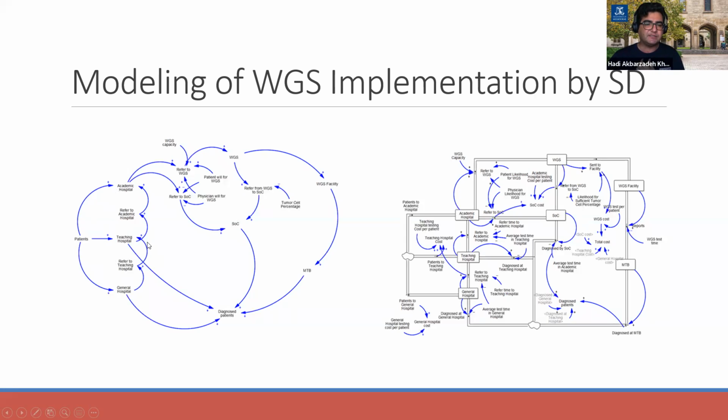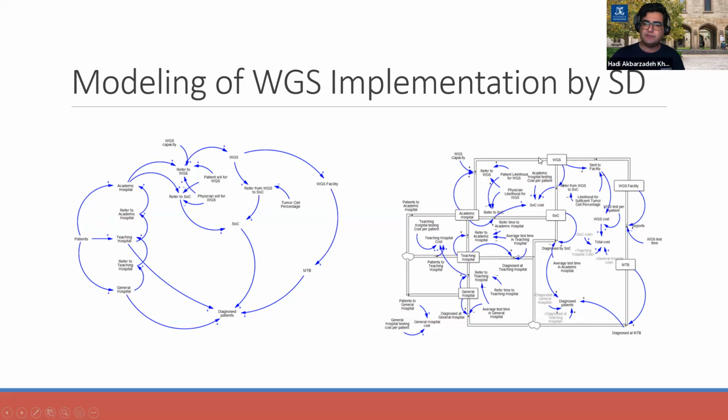Then you can see the referrals from general to teaching to academic. In academic, there is a chance of WGS, but not all get the WGS testing. Sometimes WGS fails and it goes back to the standard of care. If it doesn't fail, it goes to facilities and then comes up with a diagnosis.